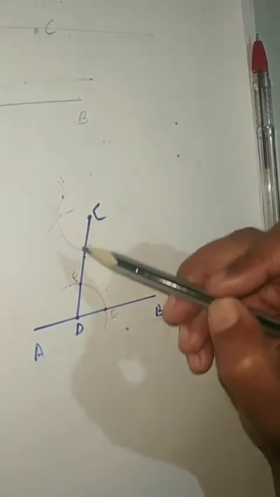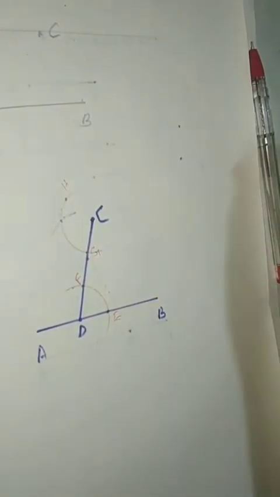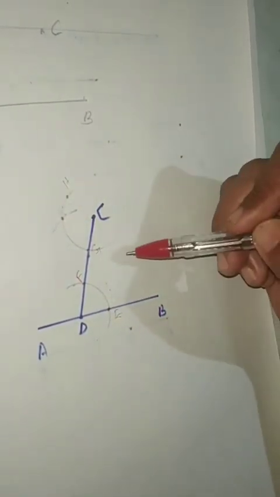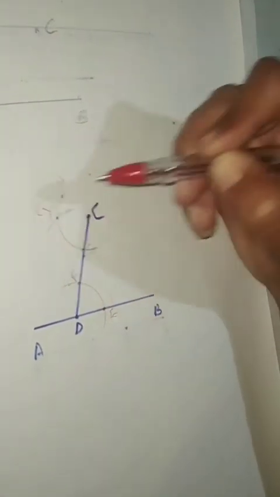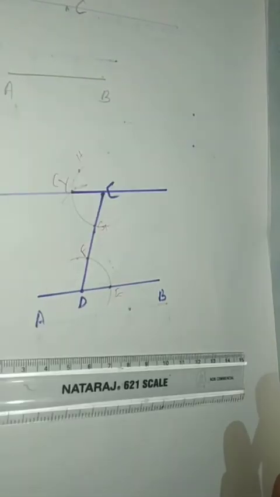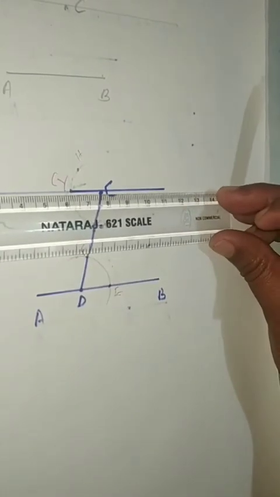Then here one joining point is there. We can name this joining point as I. We can join this I and C by using a scale. We can draw it this way.